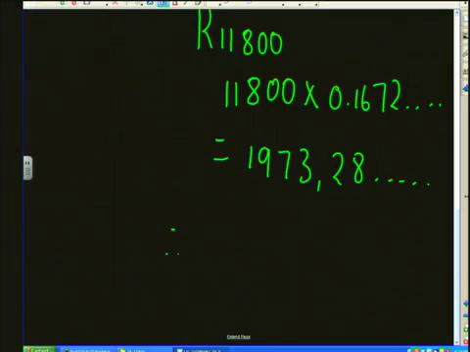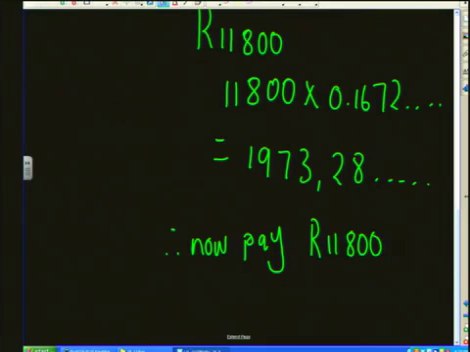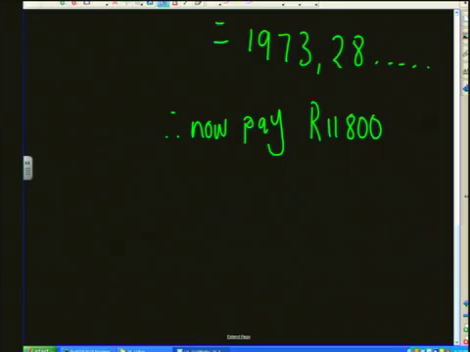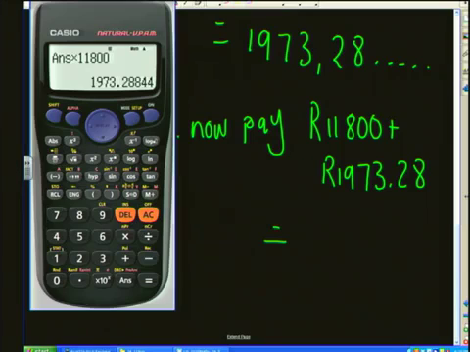Therefore, a year later, you're going to pay 11,800 rand plus this increase in the amount, 1,973.28. Again, I haven't rounded off. We've kept that answer on the calculator.